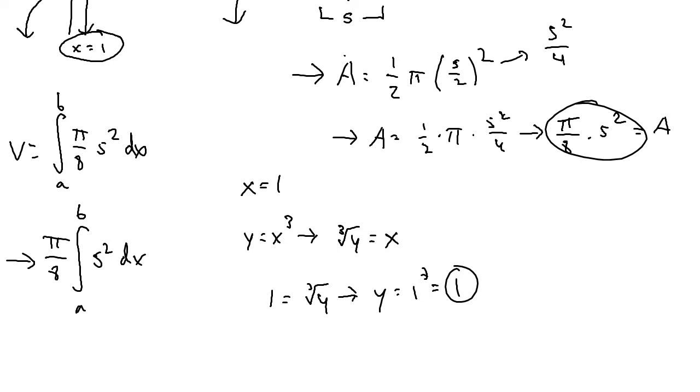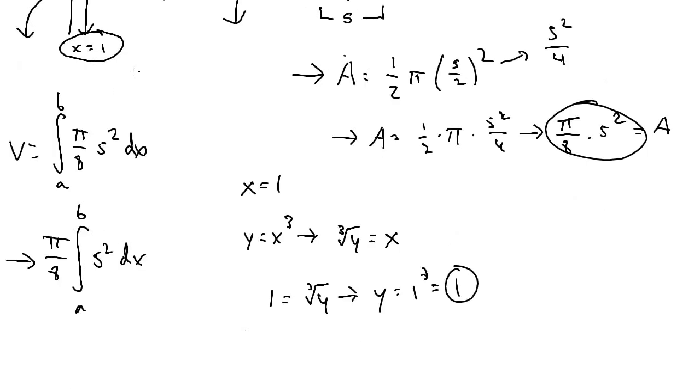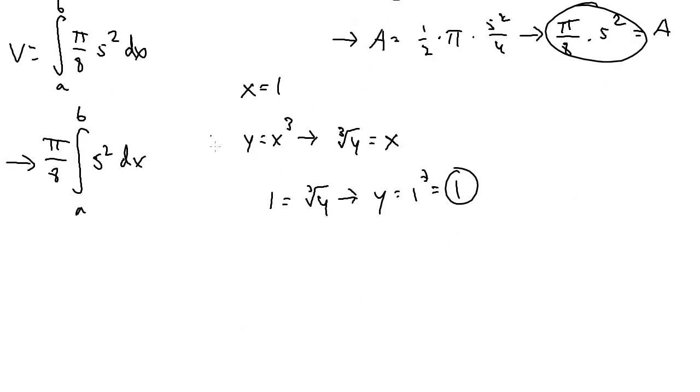Notice that we're going from the y value of 0 all the way to this intersection point, which is 1. So if I change my integral here, it's pi over 8 times the integral from 0 to 1 of s squared.